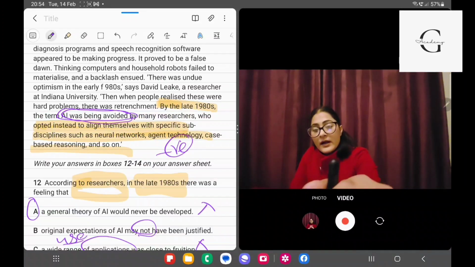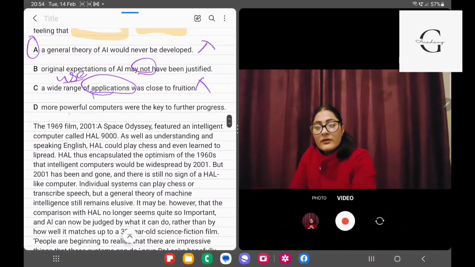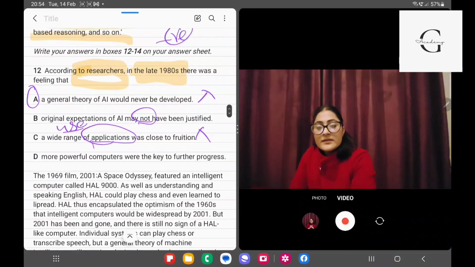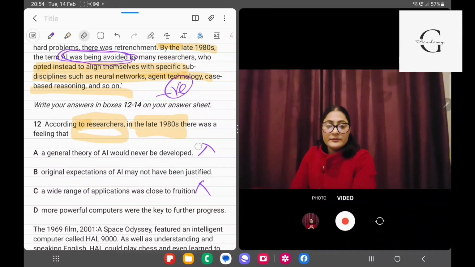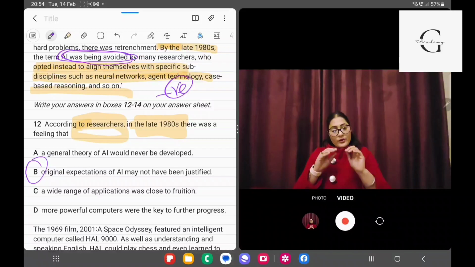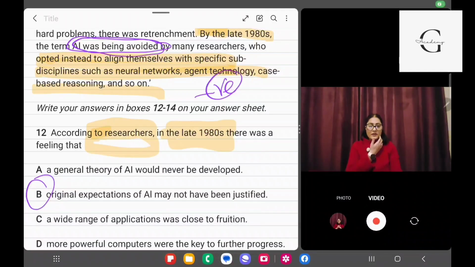So now, option B is my answer, as you can see here. And here you can note down a synonym. They have not given the answer directly here.